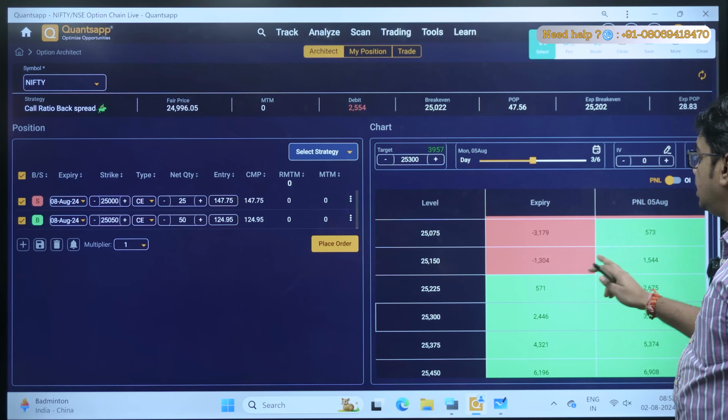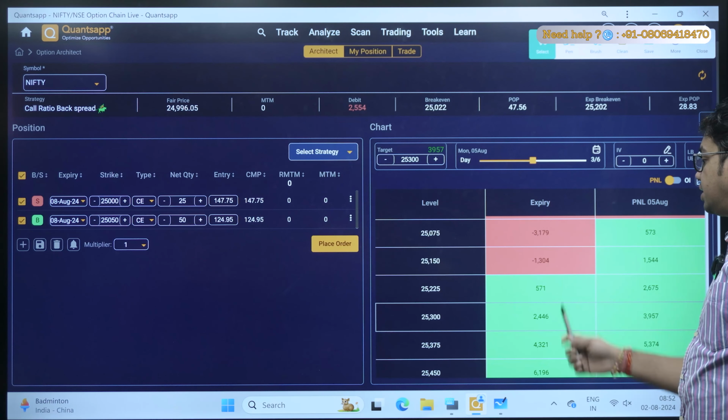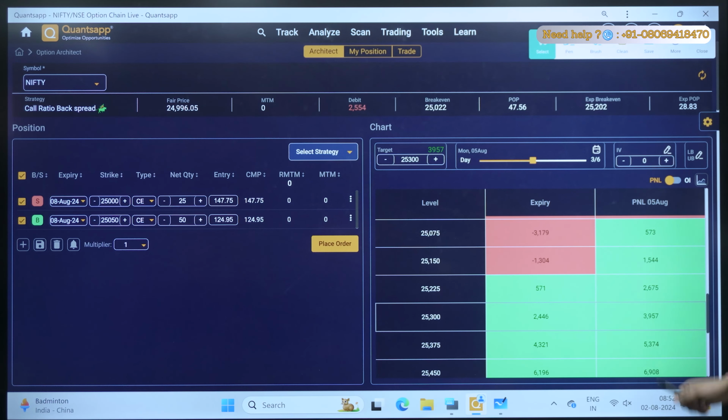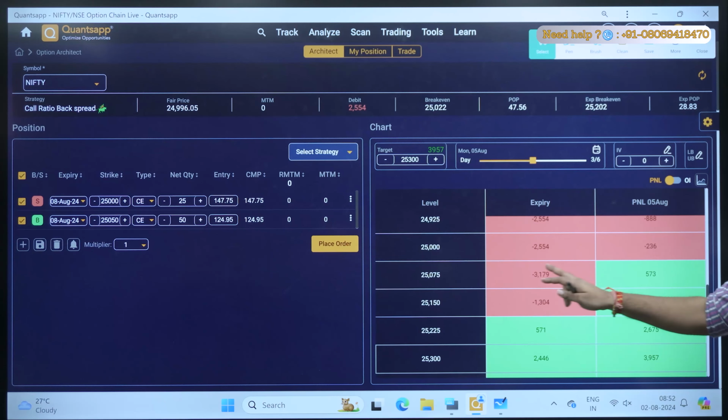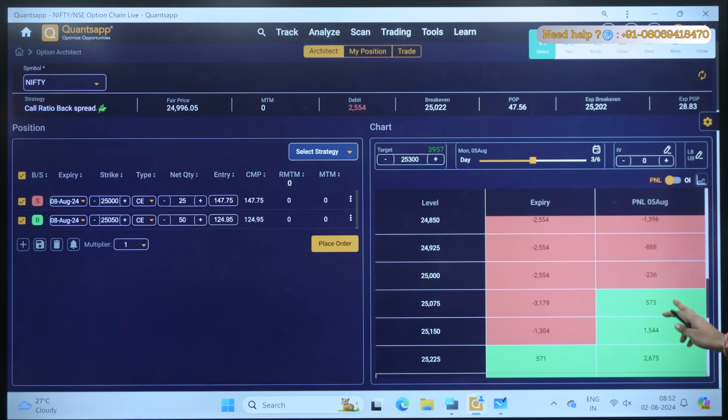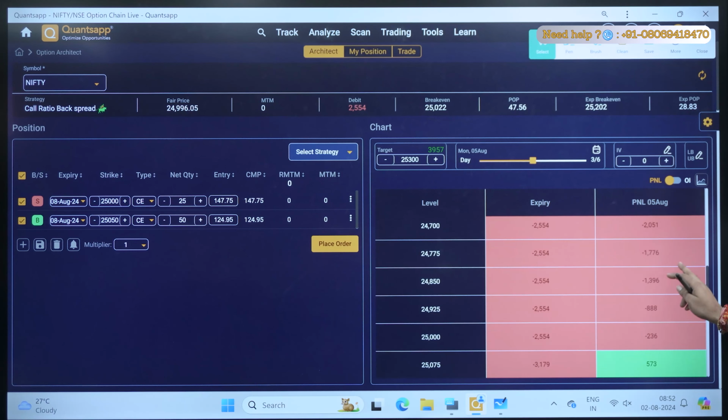Here you can see at 25,150 I will make 1,300 losses on the expiry. Today, on the 5th of August, I will make profit around 1,500. At 25,075 also I will make a profit of 573. But you can see as I am going down, there are losses.